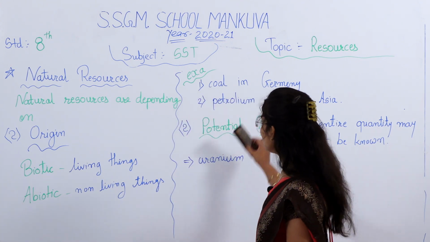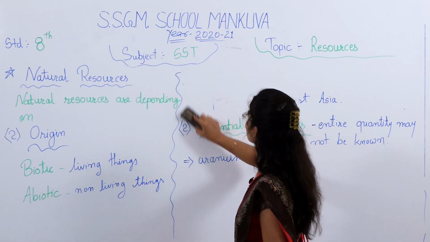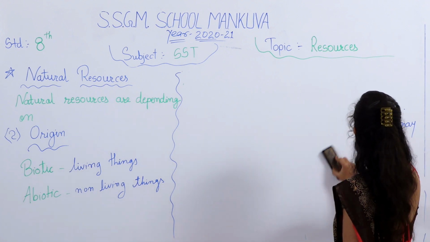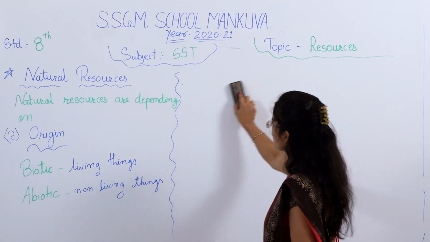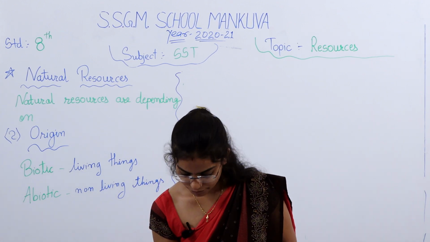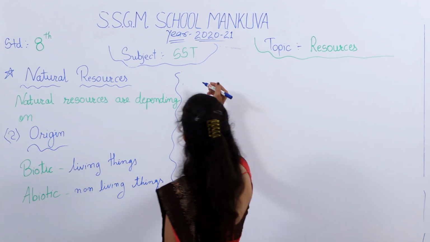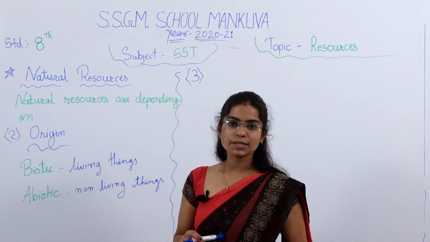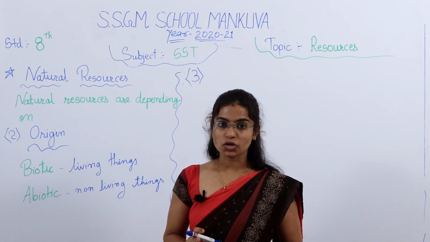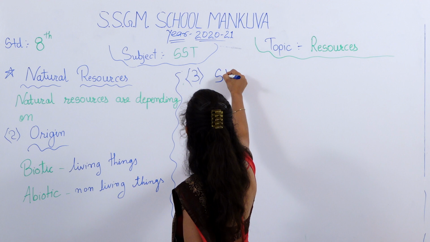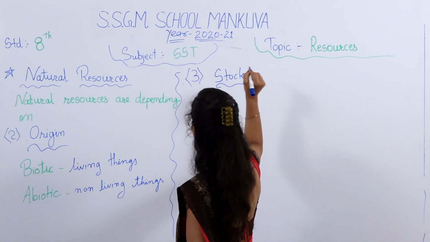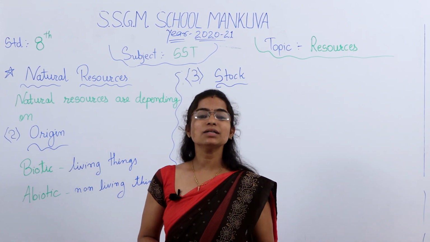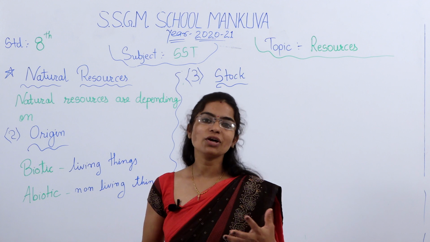Now the third one, natural resources depend on their stock. Stock means either they are renewable or non-renewable.